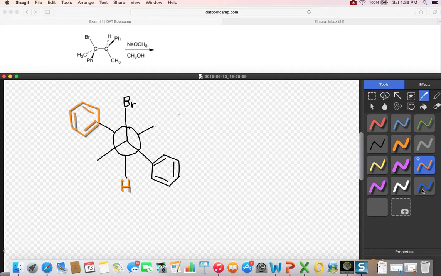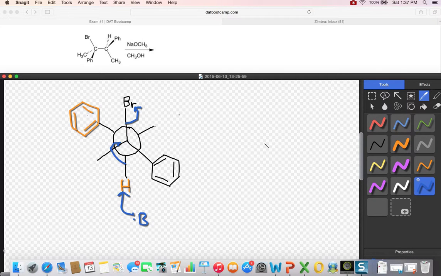Now in the mechanism, when I have my strong base, we remove the hydrogen atom. The double bond we're going to make is going to be in this plane, so it's really hard to draw, but the electrons are going to be kicked into the plane, and the bromine is the leaving group.